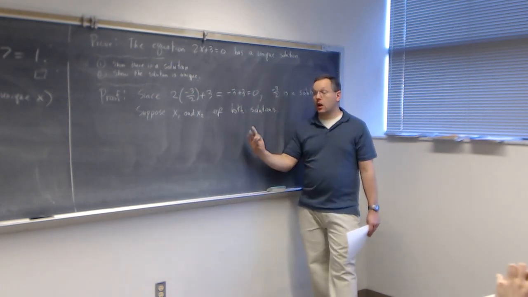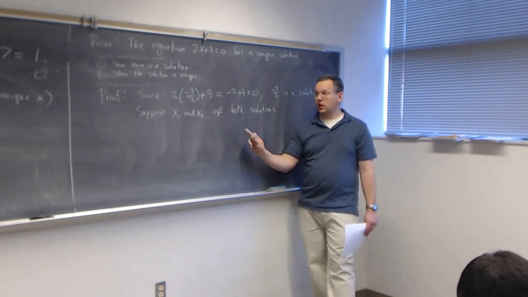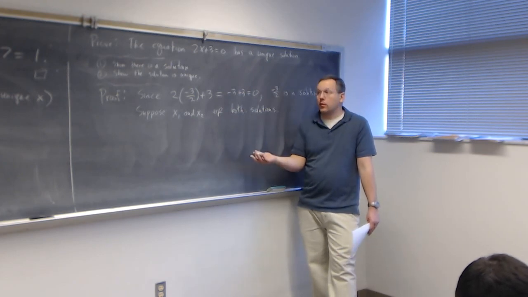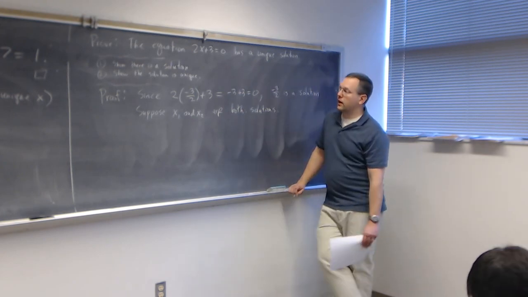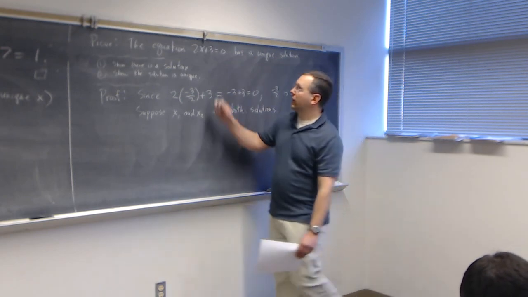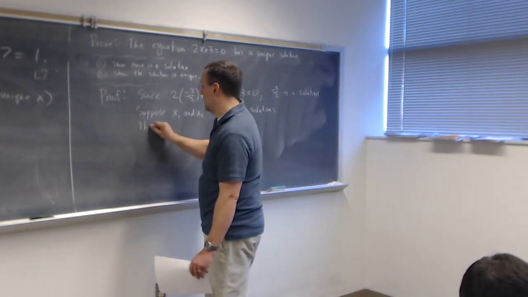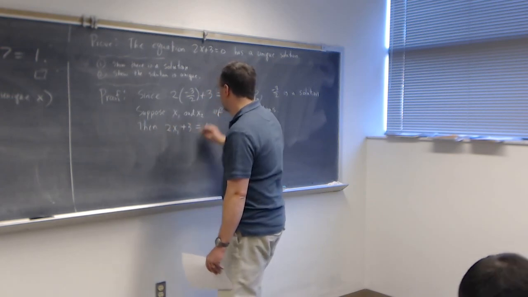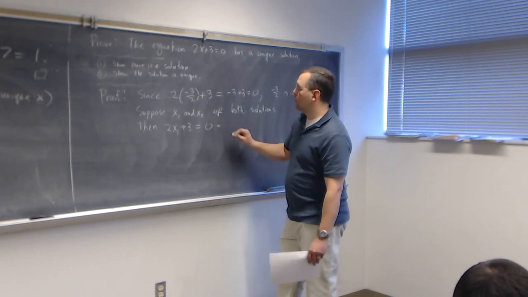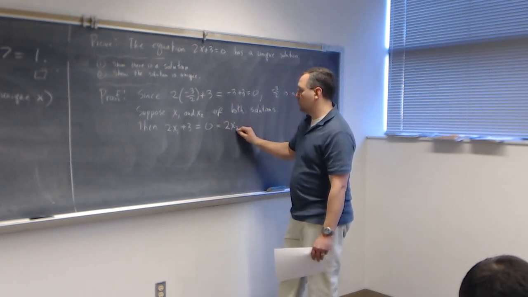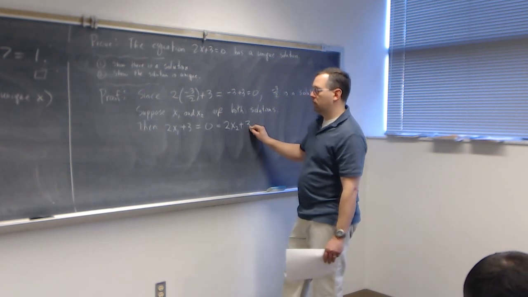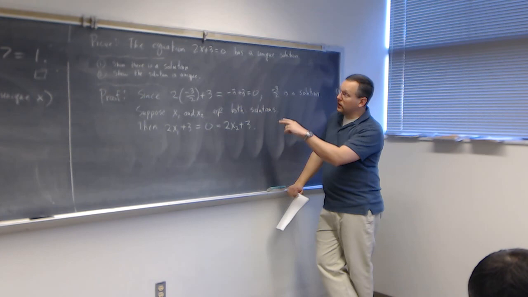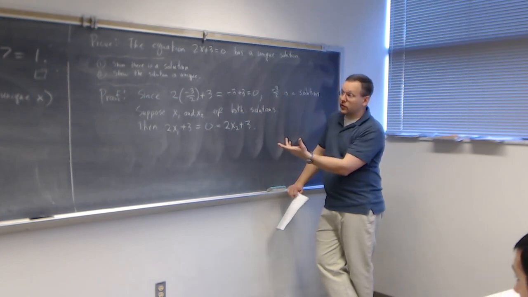I'll be done if I can logically conclude that x1 equals x2. That means you didn't have two solutions; they're the same number. Then they satisfy this equation, so 2 times x1 plus 3 equals 0, but that also equals 2 times x2 plus 3. I can plug x1 and x2 in this equation, and they both equal 0.